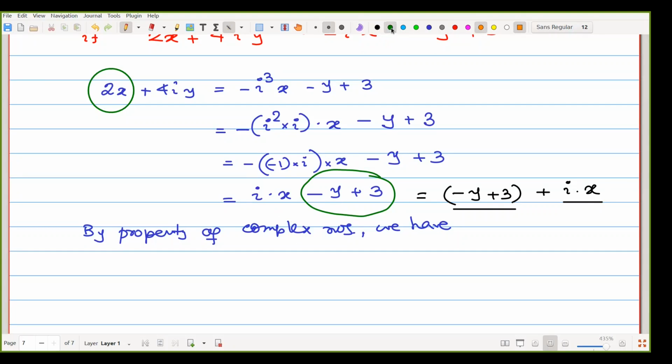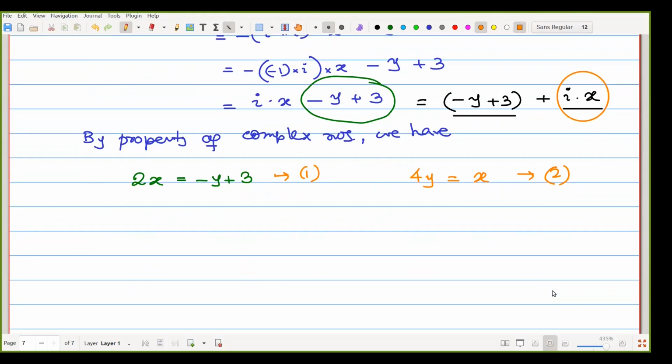So here we are writing the first one, 2x is equal to minus y plus 3, and another part, that is 4iy is equal to ix, where we are dividing by i, so we can write 4y is equal to x. Now that is equation number 1, that is equation number 2, where we have two equations of x and y.